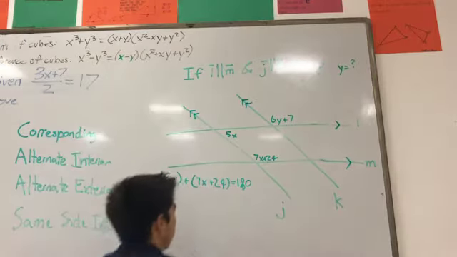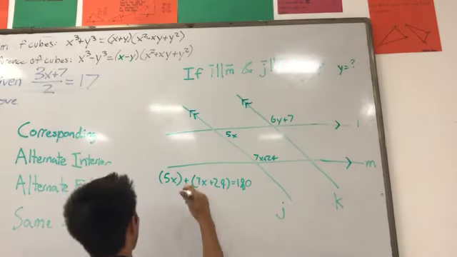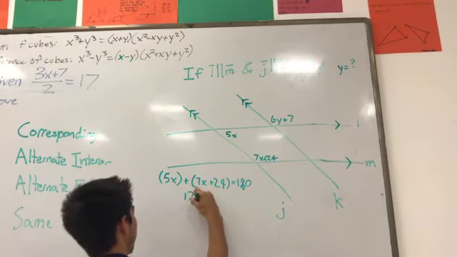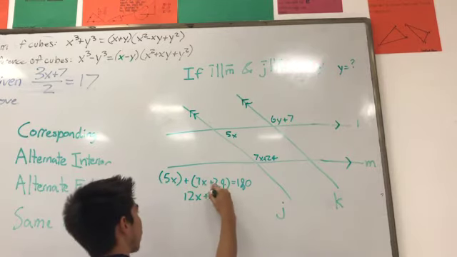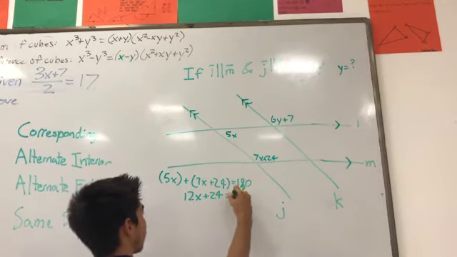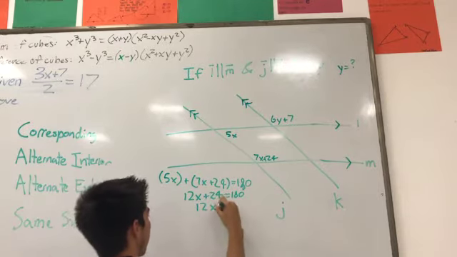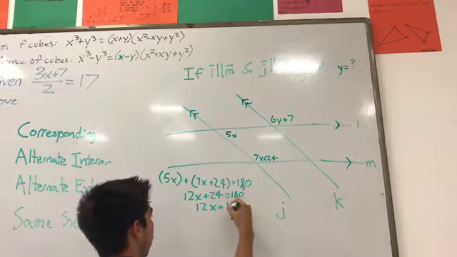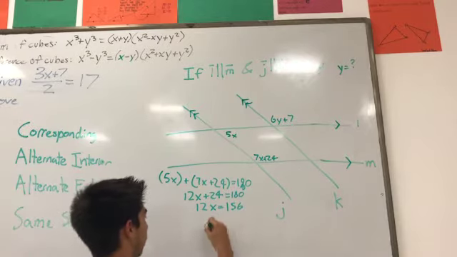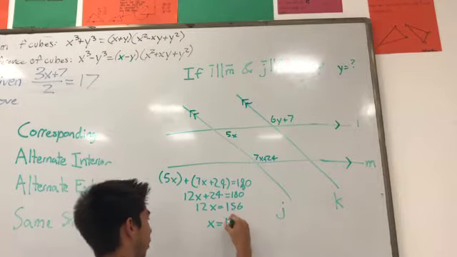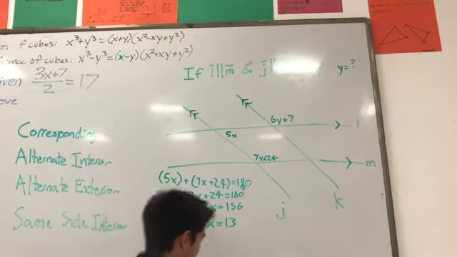Now I'm just going to start combining like terms. 5x plus 7x is 12x, plus 24 equals 180. I'm going to subtract 24 from both sides. That gives me 156. And now I'm going to divide 156 by 12, which should give me x equals 13.